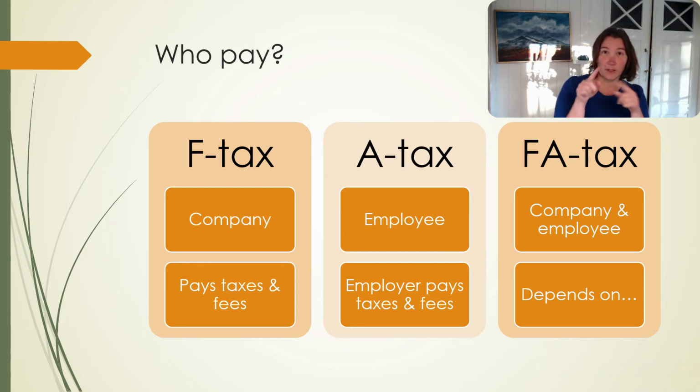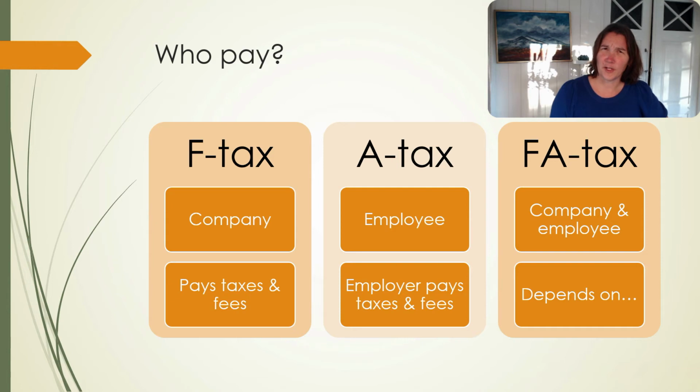So, looking at this picture, with the F tax it is the company who pays for these fees. If you sold your time as an employee, it is the employer who pays for the fees, and then you use your A tax. So you can have both of these taxes, and the tax just shows who is responsible for paying the taxes and the social security fees.